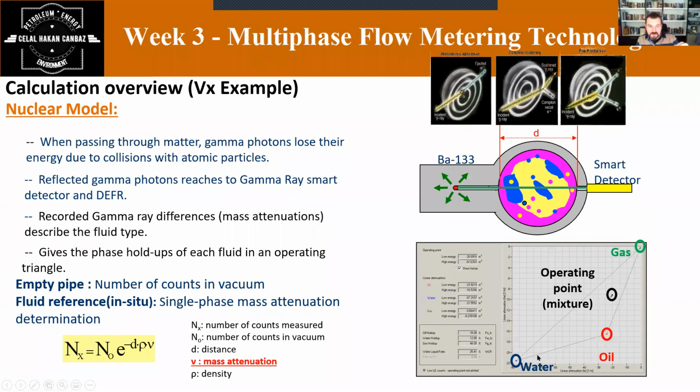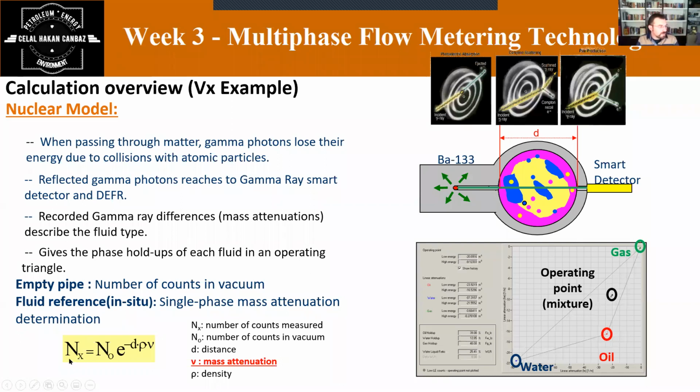When I use my reference measurements and make my real measurements for that well, the result has to be inside this triangle. If I am going outside of this triangle, this is also a cross check, it shows that I am making a mistake somewhere.